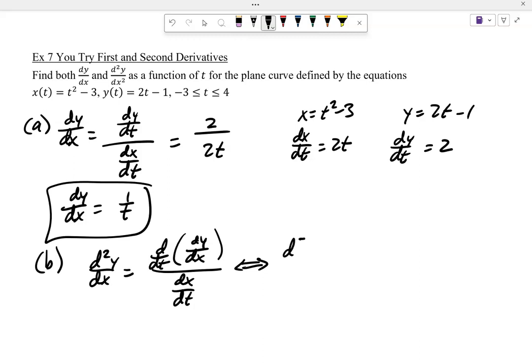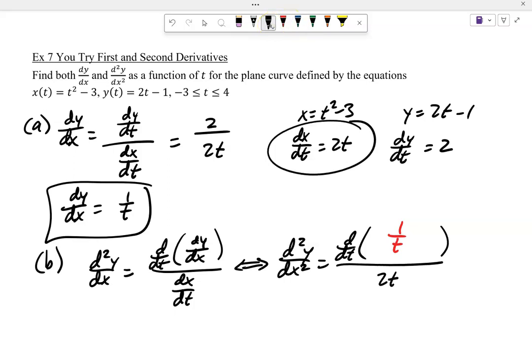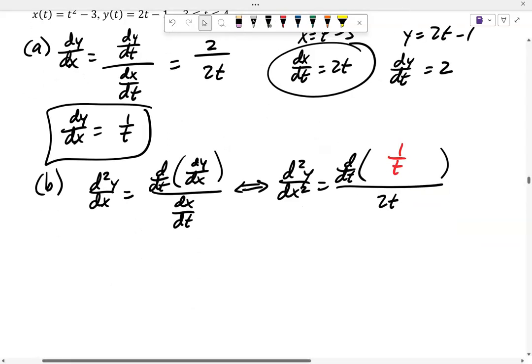And so our second derivative is the derivative with respect to t of dy/dx. Well, dy/dx was 1 over t, and then this is all over dx/dt. Well, we know dx/dt was 2t. And so for the second derivative, let's take the derivative of t to the negative 1, right?